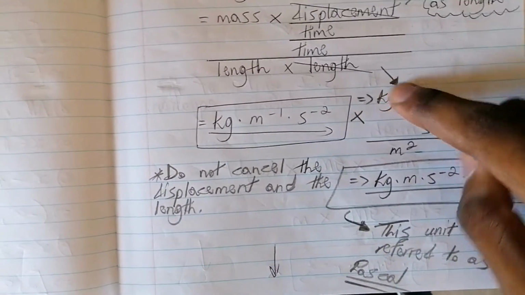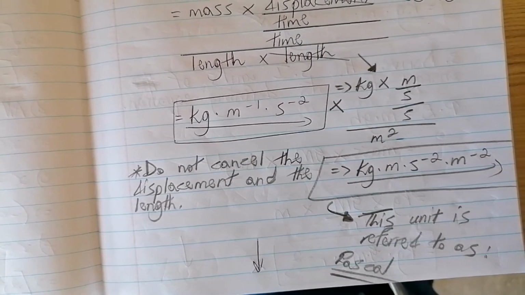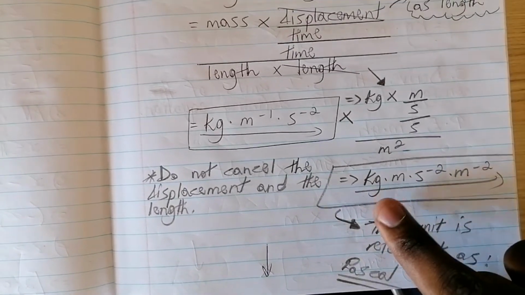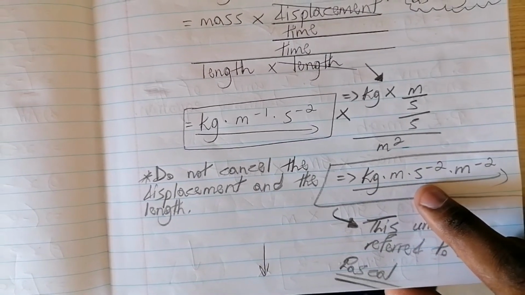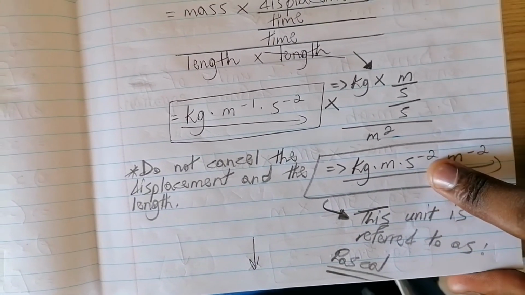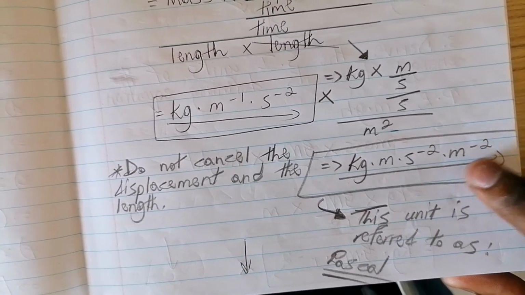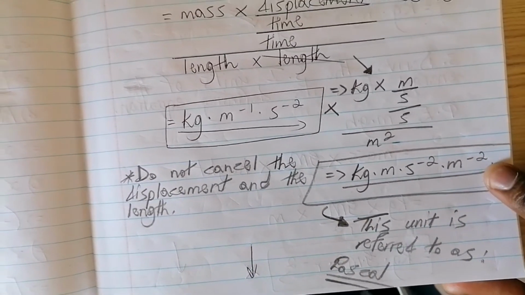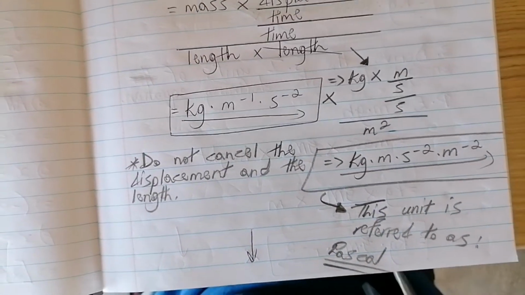Therefore, representing this in a simple linear form, we get kilograms multiplied by m multiplied by second to the exponent of -2 multiplied by meter to the exponent of -2. This is what we get in a linear simplified form.